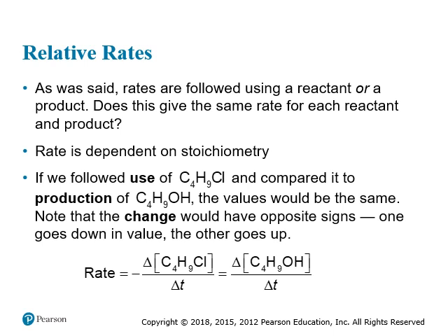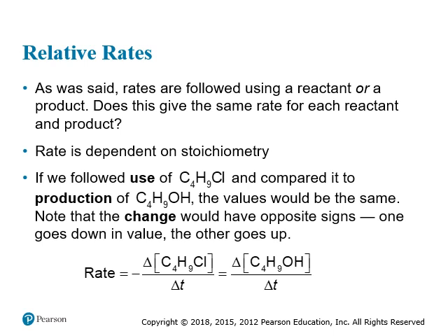It is important to note a few things. The rate of reaction is very much dependent upon stoichiometry. We'll get an understanding of that in subsequent slides. But if we follow the rate of production of a product or the rate of consumption of a reactant, those values will be the same, but opposite in sign.